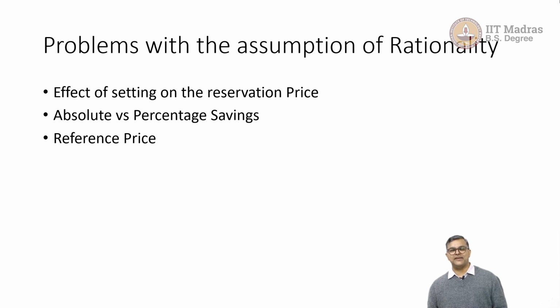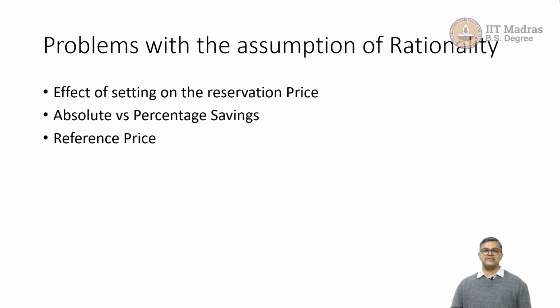If your answer is different in the two cases, then perhaps you are thinking in percentage saving terms. The cost of going to another mall 1 kilometer away would be the same in both cases. It should not matter. In both cases you would be saving 1,000 rupees. So, if you are willing to go in one case, you should be willing to go in the other case also. Okay. But that does not happen. Most of the time we think in terms of percentage saving rather than in terms of absolute saving.